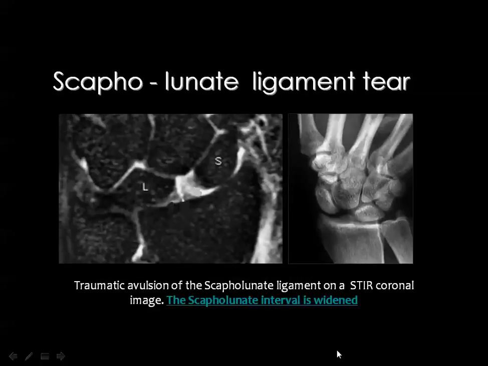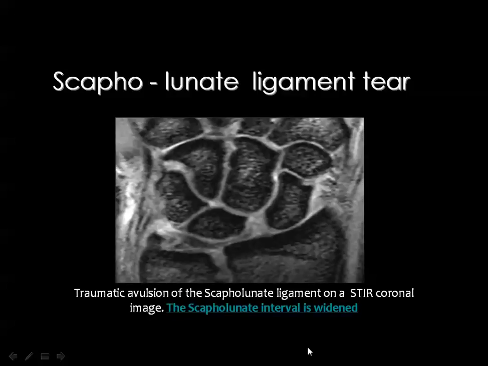You can diagnose a scapholunate ligament tear from the plain X-ray whenever you see that the space between the scaphoid and the lunate is abnormally wide, and this is known as the scapholunate interval. If it is like this, then you suspect injury of the scapholunate ligament, and you can see it by MRI. This is the scaphoid, and this is the lunate, and this is the site of the tear.